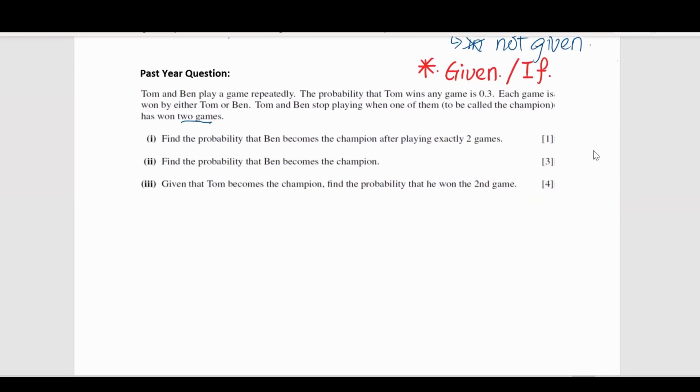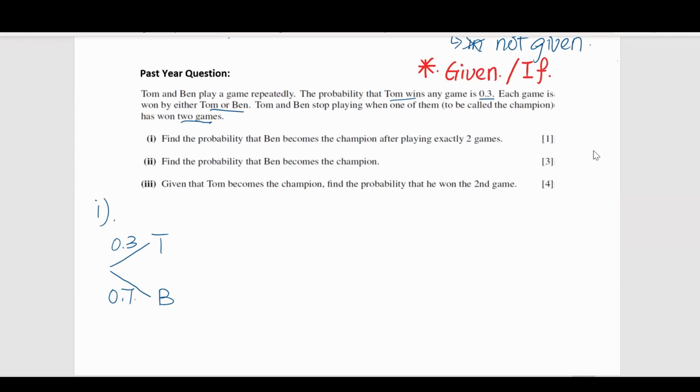So in order to find the probability, we are going to use a tree diagram. So Tom and Ben, and according to the question, the probability that Tom wins the game is 0.3. And since the question says that the game is won by either Tom or Ben, the probability that Ben wins the game is going to be 0.7. Right? The total probability equals 1.